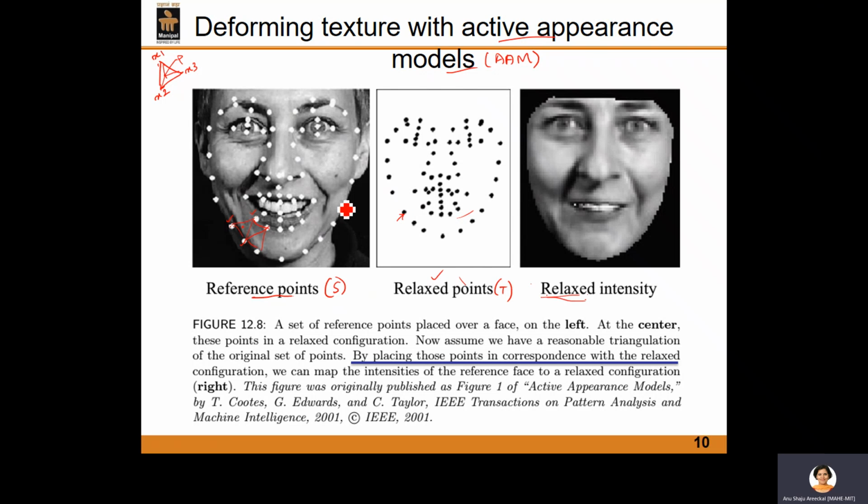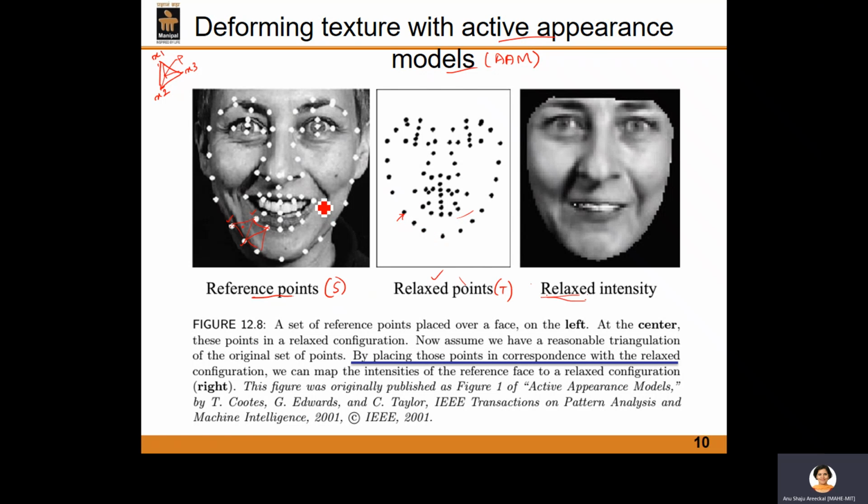So what we do here is we apply the transformation, as I said earlier, and when we are doing the transformation, apart from the shape which is present, I'm also considering the texture, or the appearance of the images. Even though the relaxed points, or the target, show just the landmark points over here, that is basically the shape.